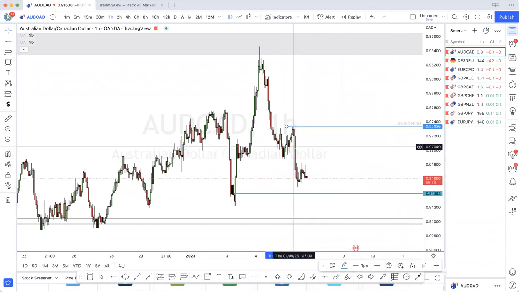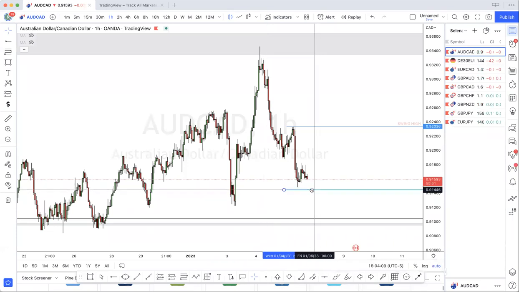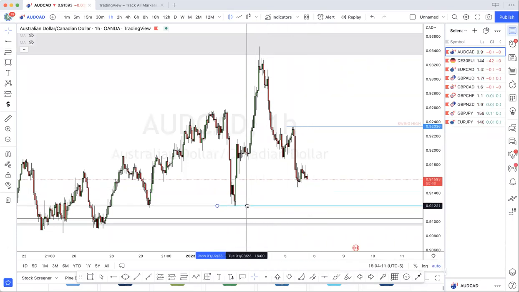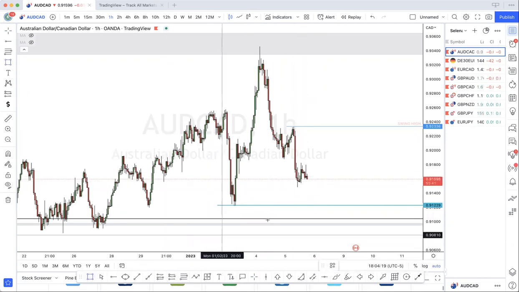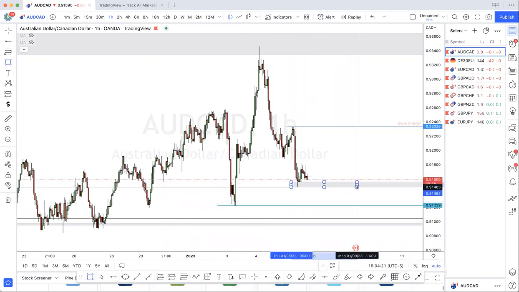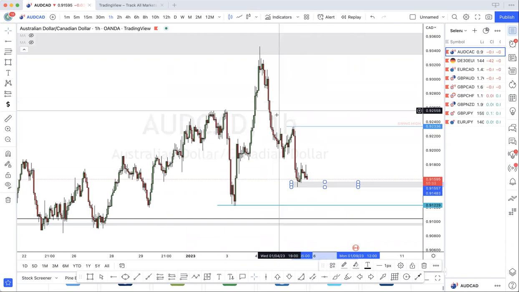Okay. And currently I'll mark this as my low right here. Okay. So if price breaks this area right here, and these are your minor swing highs and swing lows, by the way, because we're on a smaller time frame.